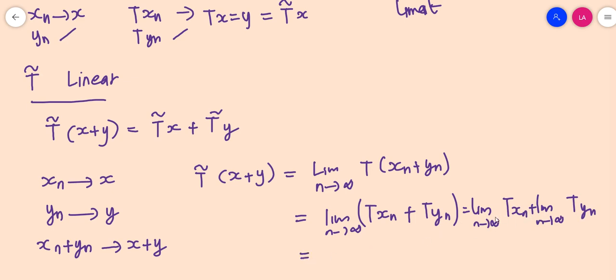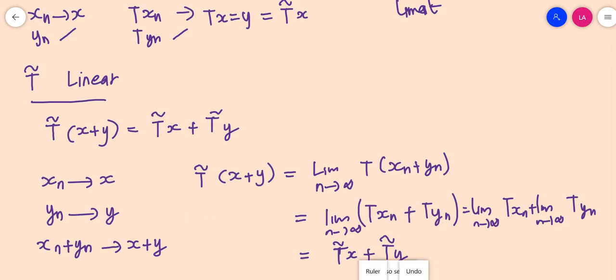Since xn converges to x, T of xn converges to T tilde of x, and T of yn converges to T tilde of y. So this equals T tilde of x plus T tilde of y. So the first part is trivial.